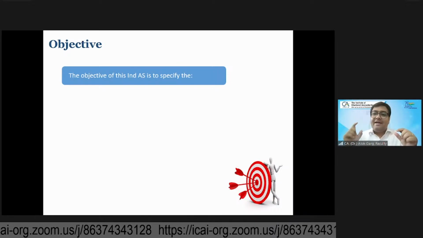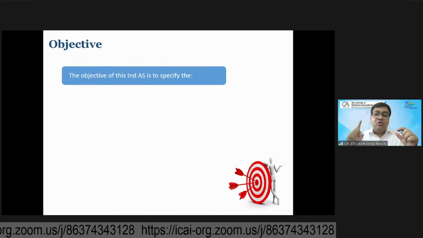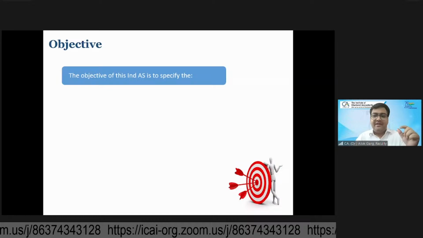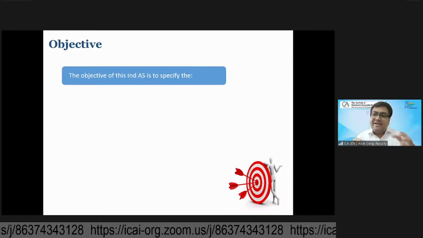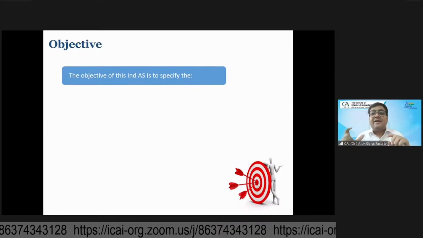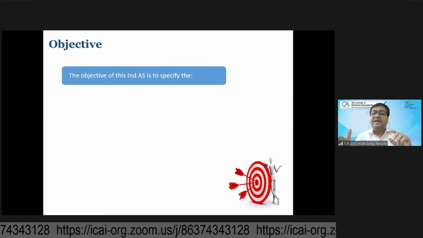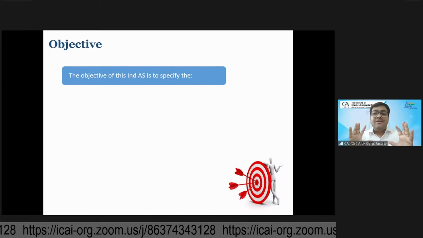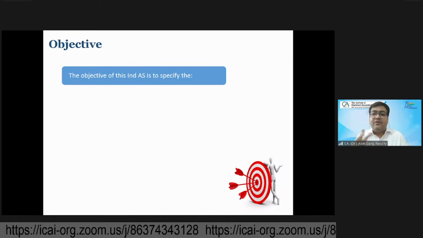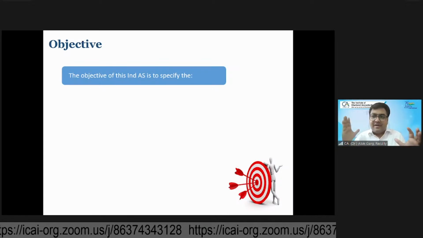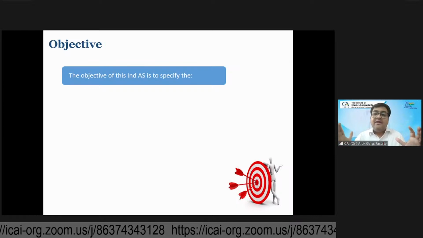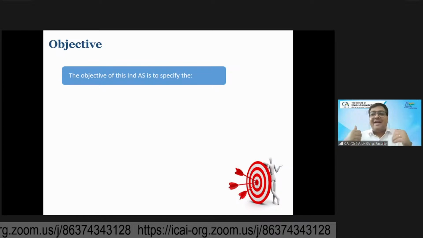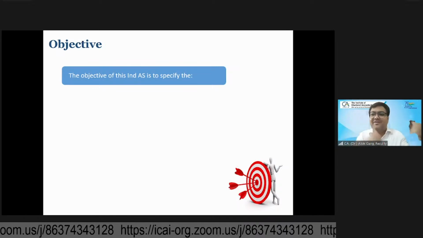But non-current asset held for sale are those non-current assets, not current assets, which will be classified as held for sale if some criteria given under this standard are met. So this is the basic difference between inventory and non-current asset held for sale. Some criteria should be met, and to be covered under this particular standard, it has to be a non-current asset. Inventory by nature is a current asset.